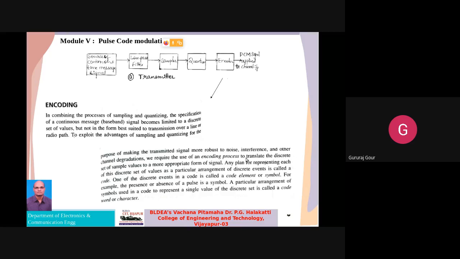That's why we are doing the encoding process, and thereby we are in a position to translate a discrete set of values into quantization levels or discrete values with the help of this coding process.